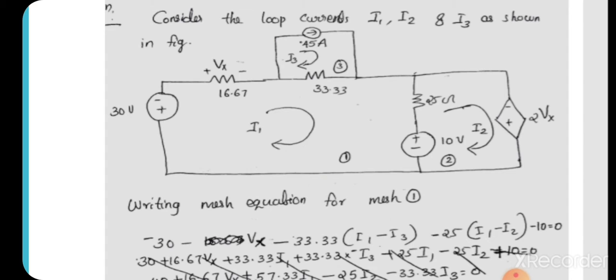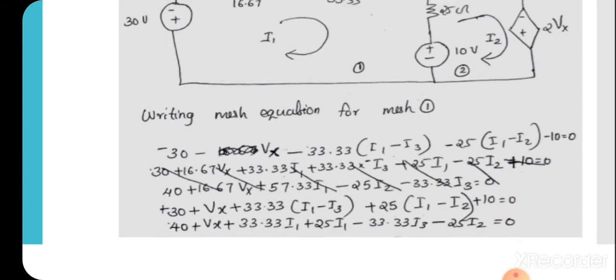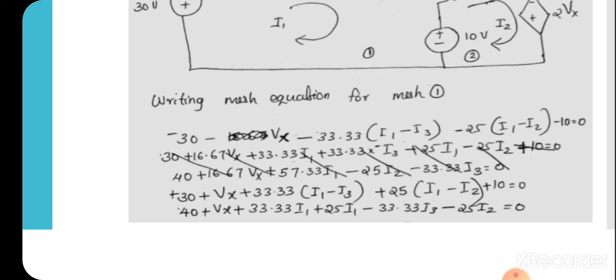So the algebraic sum of all these voltage drops will be equal to 0. So we can write the equation shown in the last line: minus 30 minus Vx minus 33.33 times (I1 minus I3) minus 25 times (I1 minus I2) minus 10 equal to 0. That is the equation. Now multiply the terms inside the bracket with the outside quantity.